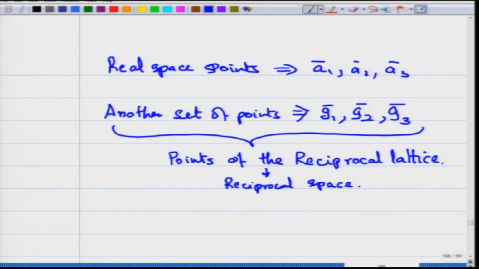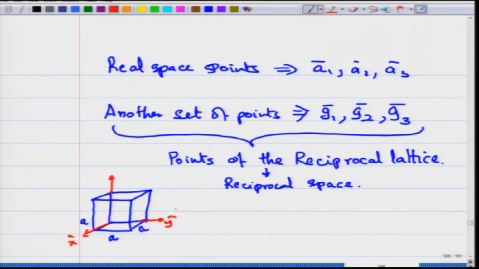Simply put, let us take a cubic lattice with lattice constants as A, and these are your x, y and z.